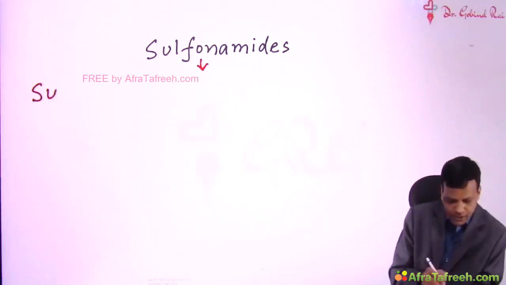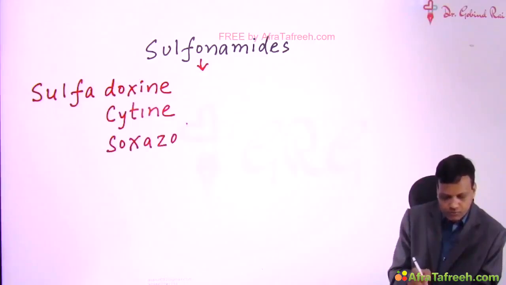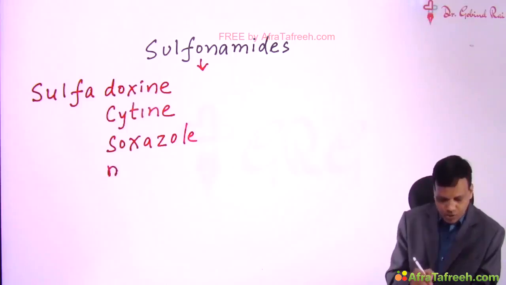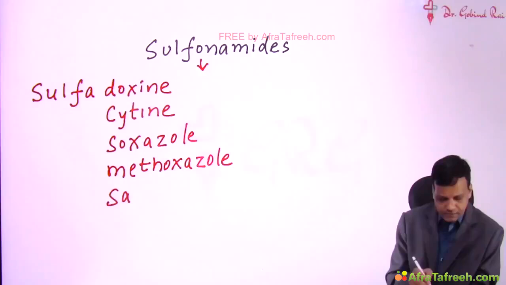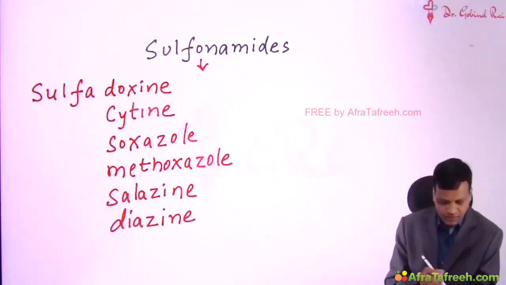The examples of sulfonamides are sulfadoxine, sulfacytine, sulfisoxazole, sulfamethoxazole, sulfasalazine, sulfadiazine, and one sulfonamide whose name does not start with sulfa but is very important, dapsone. Dapsone.